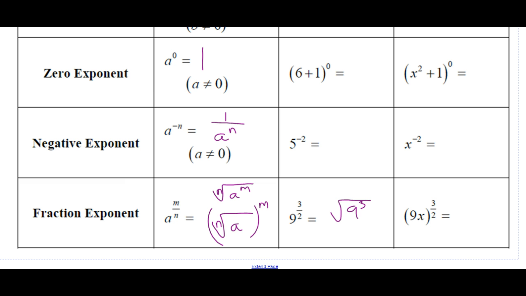Now we might say, what's 9 cubed? If we don't know that offhand, we can take the square root of 9 first, which is 3, cubed, which is 27. So that's easier to work out that way. Obviously you can do this in your calculator. You can go 9 to the power of 3 halves, and you'll get the answer.